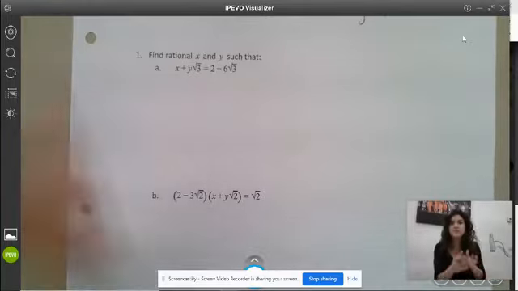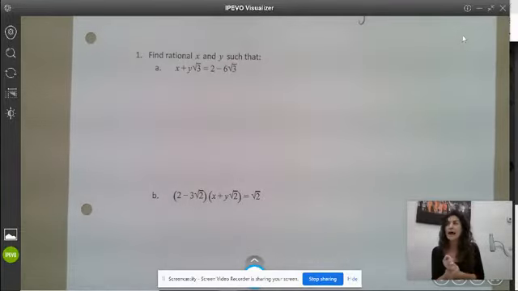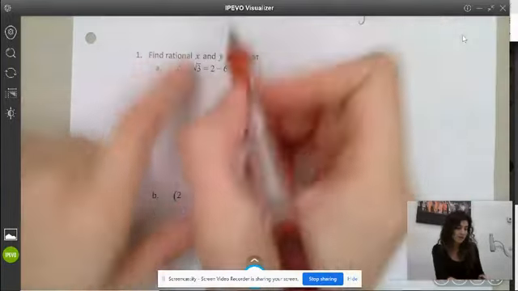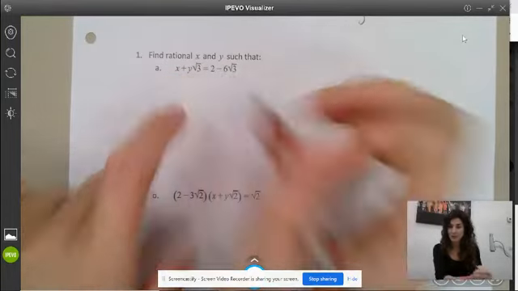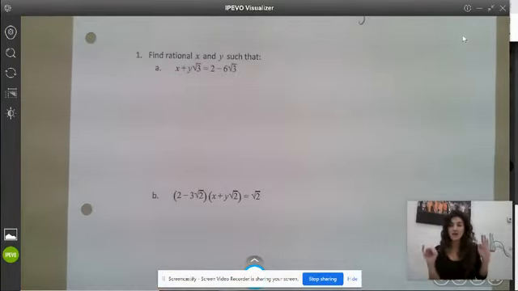And as long as you can keep that in mind, I think a lot of things will start to look simpler. Okay, so 1A is your very basic application of this. It's already been simplified down. You've already got spots that are in similar places. So right now, you don't have to do any mathematics. I just want you to tell me what is x and what is y.